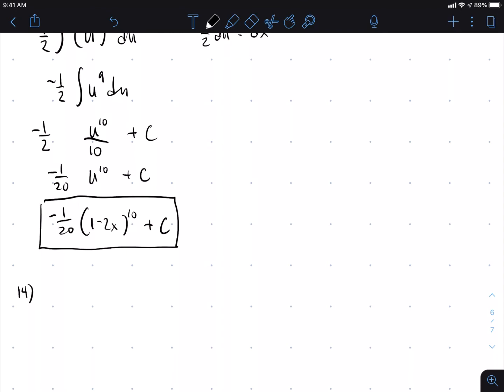All right, let's do this one. What do you guys think? Looks scary. No, it's not too bad.